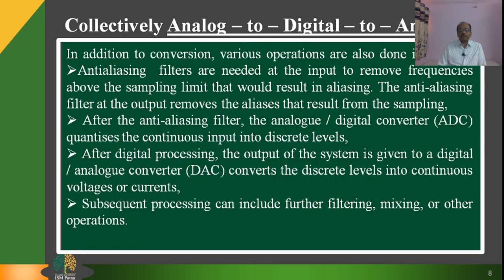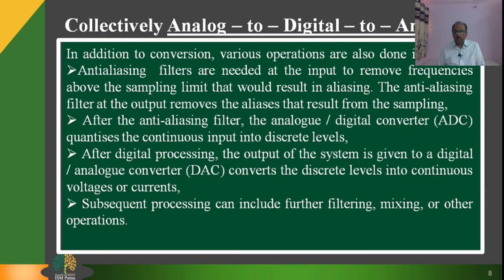After digital processing, the output of the system is given to a digital to analog converter, I mean DAC, which converts the discrete levels into continuous voltage or currents. The output must also be filtered with a low pass filter to remove the aliases from the sampling. So, subsequent processing handles further filtering, mixing and other operations.